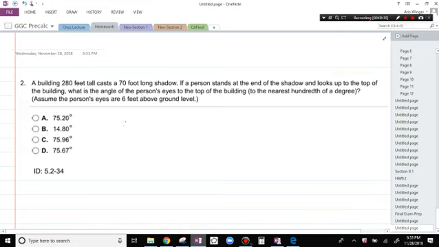Picture? Got that, right? Cast a shadow like that, right? Some person standing here, right? Is that okay?